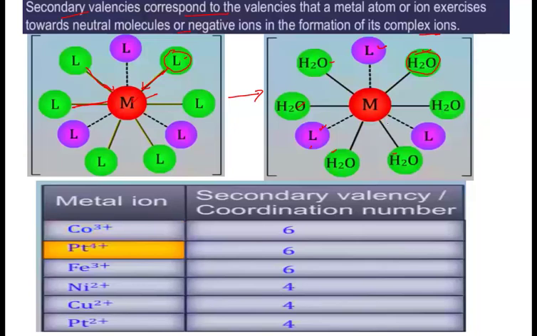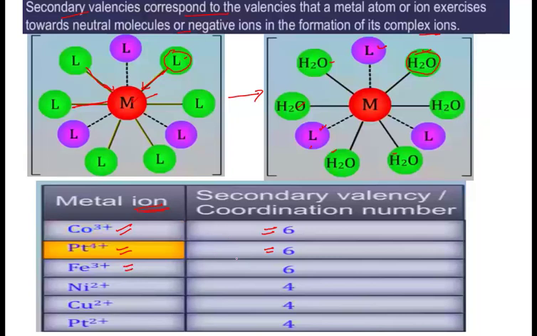For the complexes of metal ions, do remember that the secondary valency or coordination number for cobalt 3+, meaning cobalt forming salts in the 3+ oxidation state, will be 6. In the same manner, platinum 4+ salts will again have 6 as secondary valency.